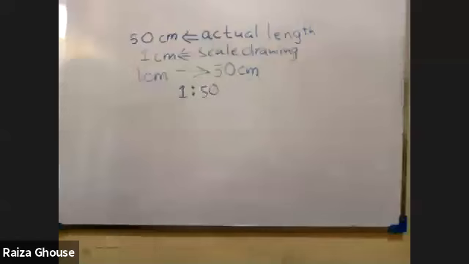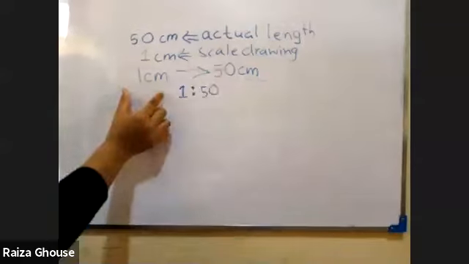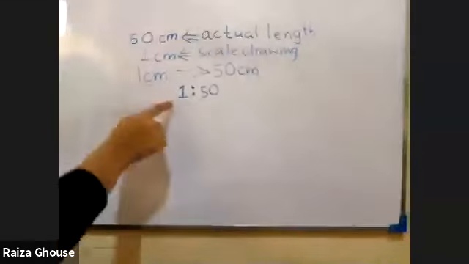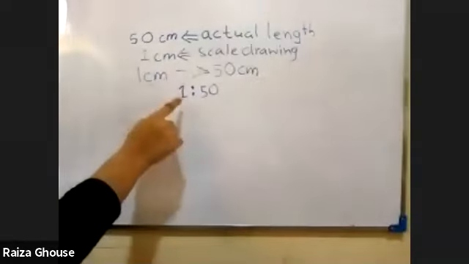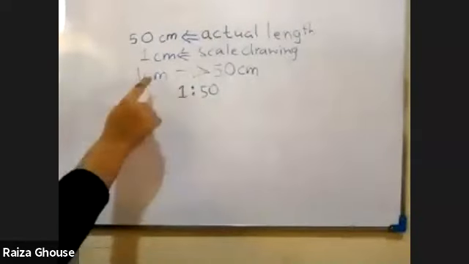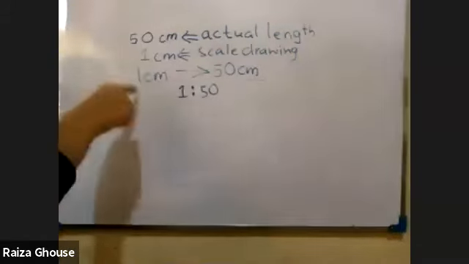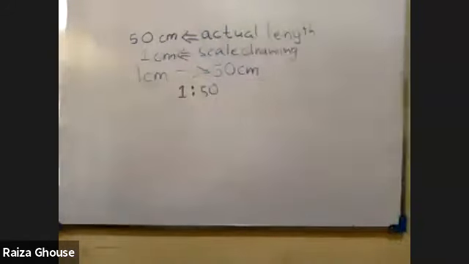We can't draw 50 centimeter in a book. So we are using 1 centimeter to represent 50 centimeters. So that is 1:50. You can't write a ratio unless the units are same. Since the units are same here, it's fine.